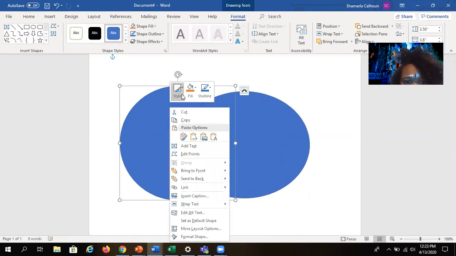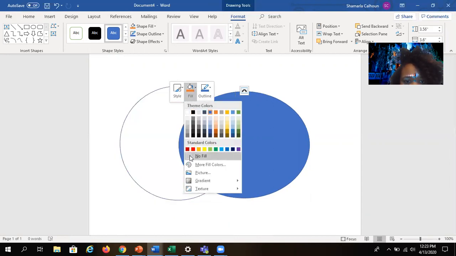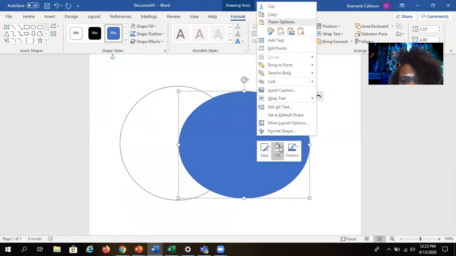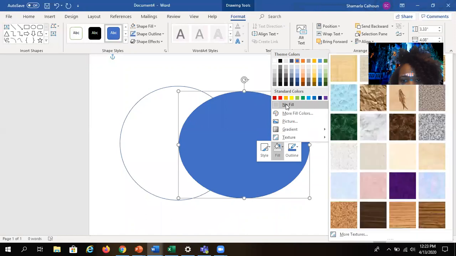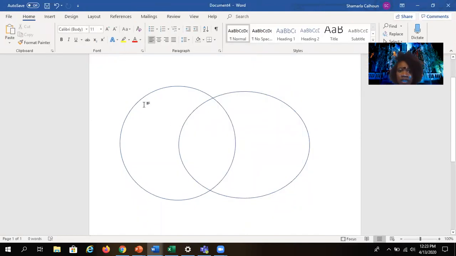Okay, and we're going to make this no fill. I'm going to make this one no fill. Boom. So like this. And on this one, you will have compare.